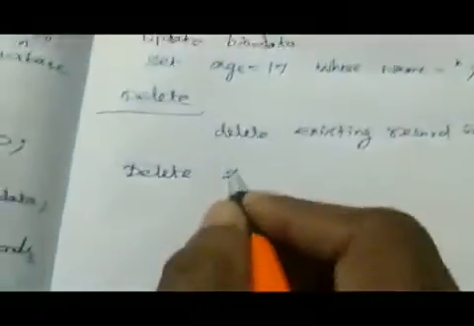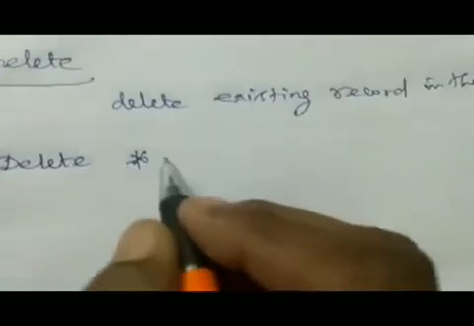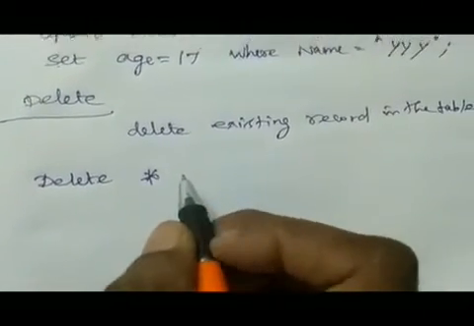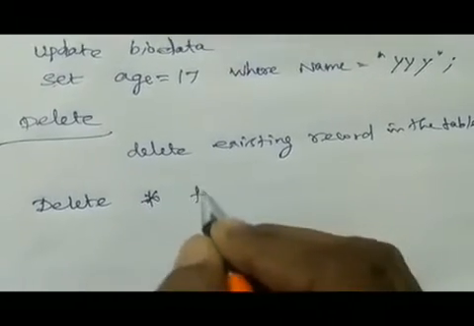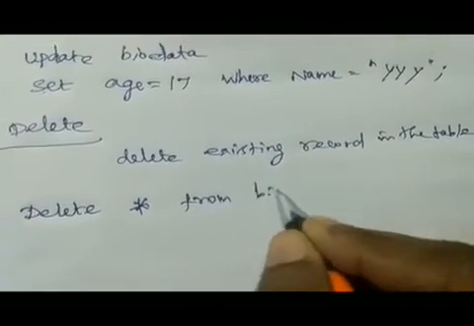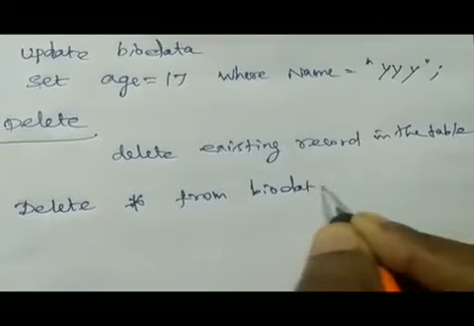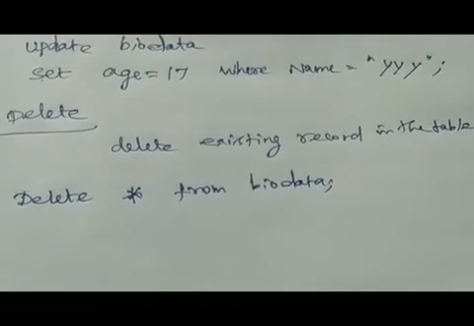Here the asterisk specifies all the rows, all the columns. So entire row, entire column we are specifying with asterisk. So delete asterisk from biodata. After executing this command, what will happen? All the records get deleted.